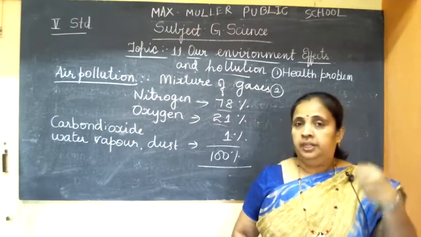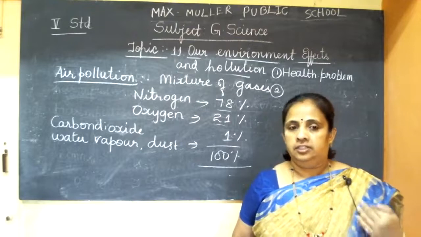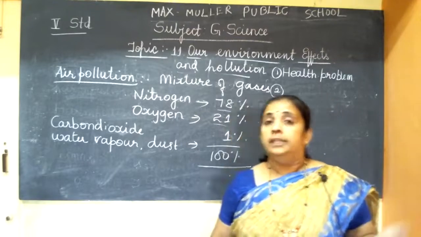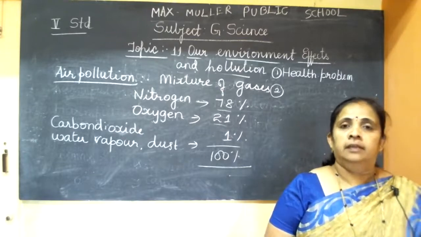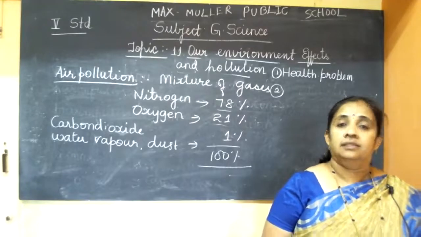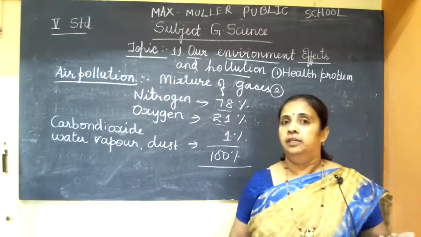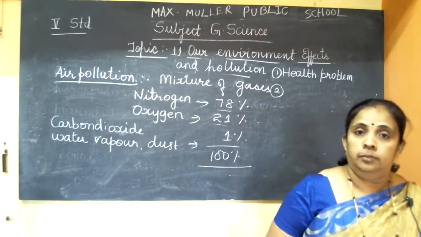If we breathe only pure air, then our respiratory system will work properly. On the other hand, if harmful gases are mixed in that, it will block the respiratory system. So we may get diseases like asthma and will have breathing problems.